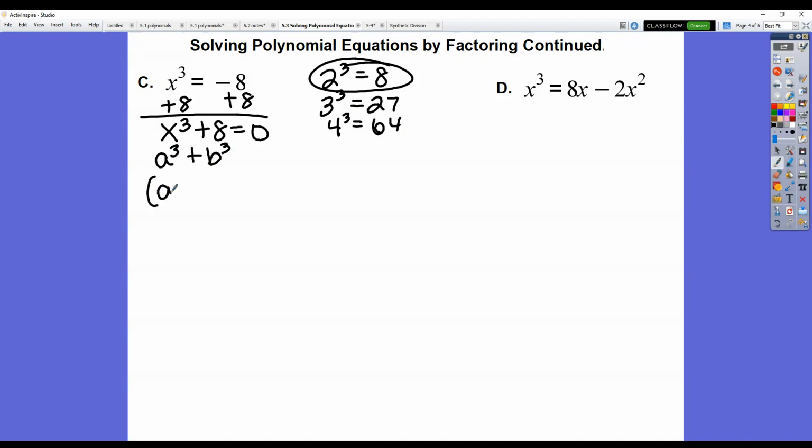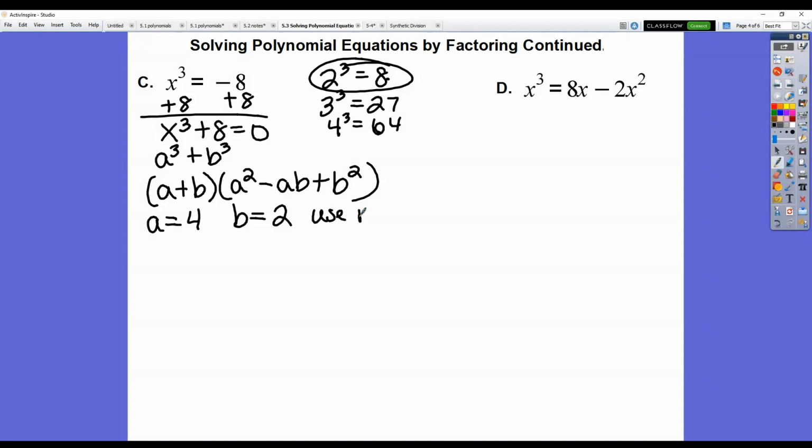So that factors to a plus b times a squared minus ab plus b squared. A equals x. To get b, just look. 8 is what number cubed? It's 2. Okay? So use your power sheet to come up with b.